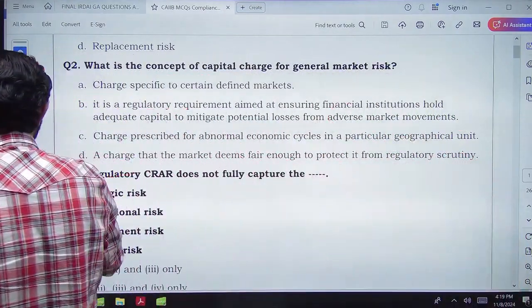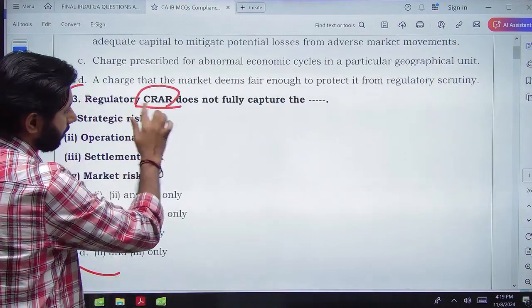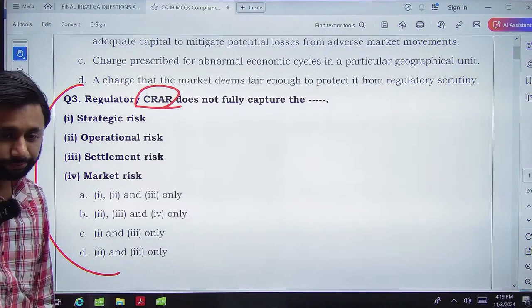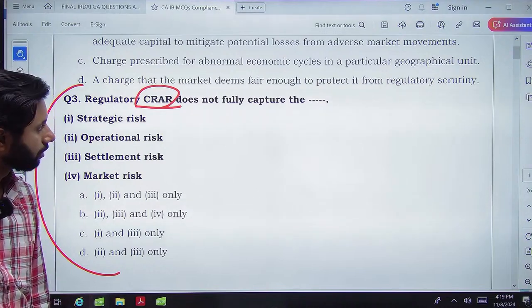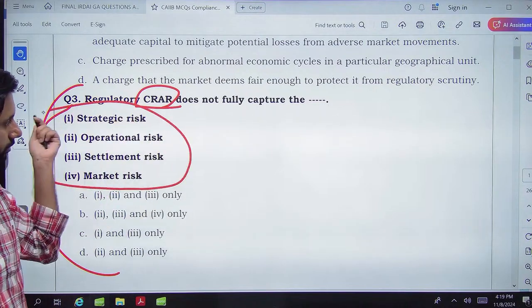Now let's move on to the next question, which is about the regulatory CRAR requirement, the capital to risk weighted asset ratio, which does not fully capture what type of risks.